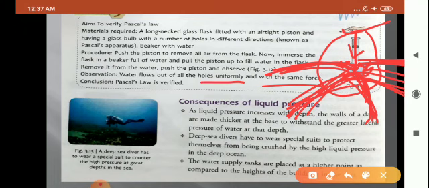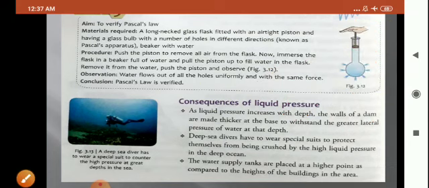So this shows that if the pressure is applied on an incompressible or confined liquid, it is transmitted equally in all direction with undiminished magnitude, and that is known as your Pascal's law.